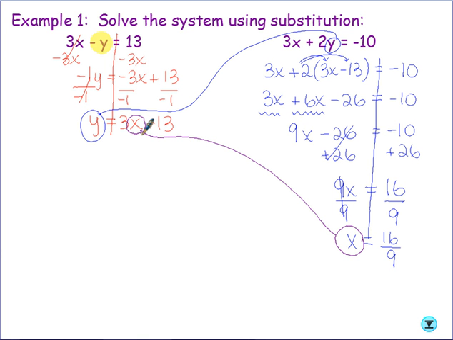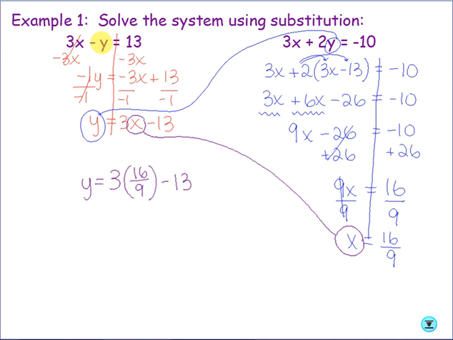So the X is the thing that's changing this time. Y stays the same. 3 stays the same. X comes out. In parentheses, we put 16 over 9. And then the minus 13 also stays. So at this point, we pick up our calculators.